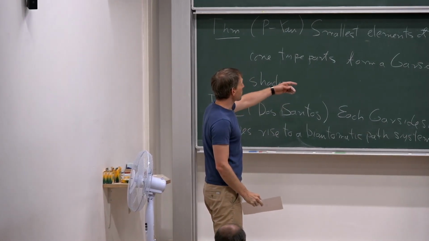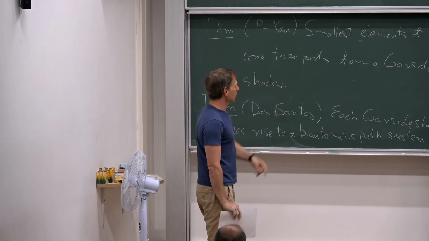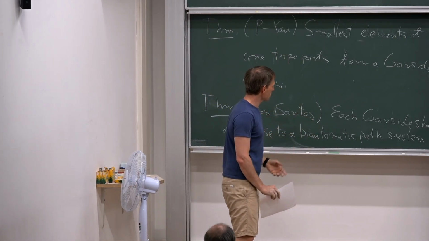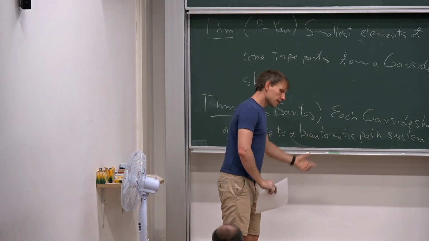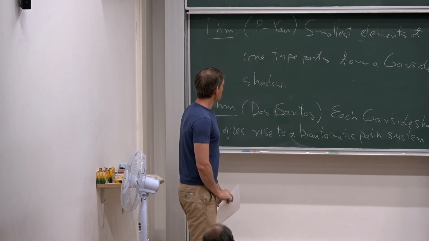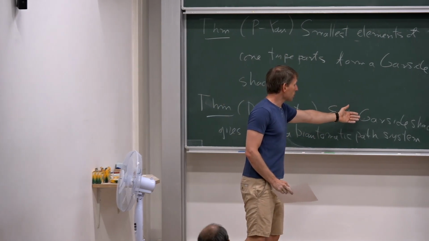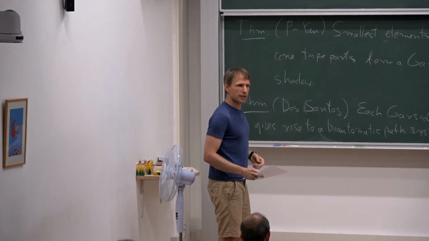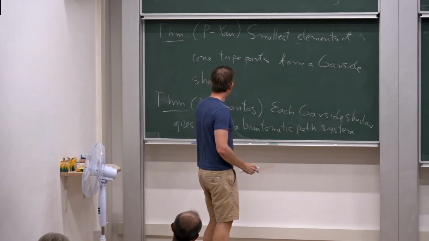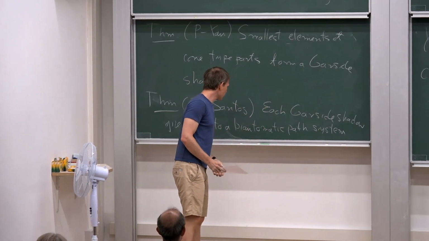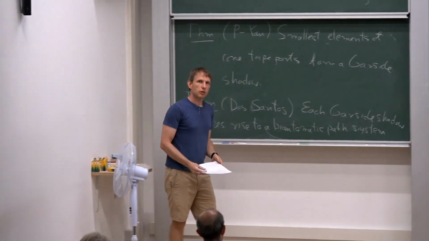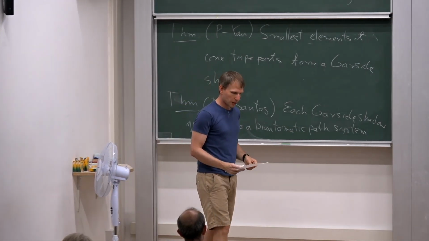So in some sense, this path system using the cone type partition looks to be more efficient because the Garside shadow is smaller. It still gives rise to the biautomatic structure. And in fact, you have many of these Garside shadows. Any finite subset of the Coxeter group sits inside some Garside shadow. So if you want to prove some things about Coxeter groups, you have plenty of choices to choose your path system with which you can manipulate the group.